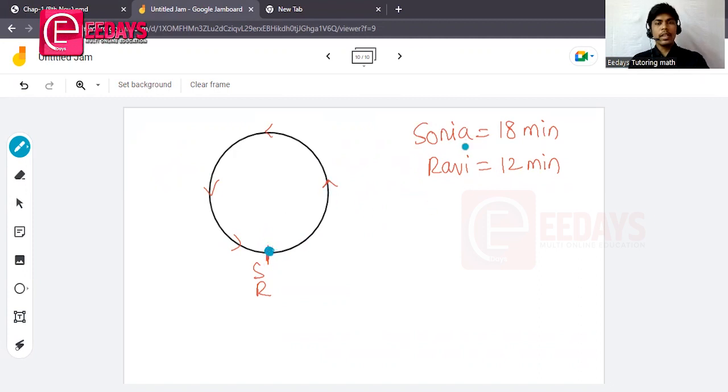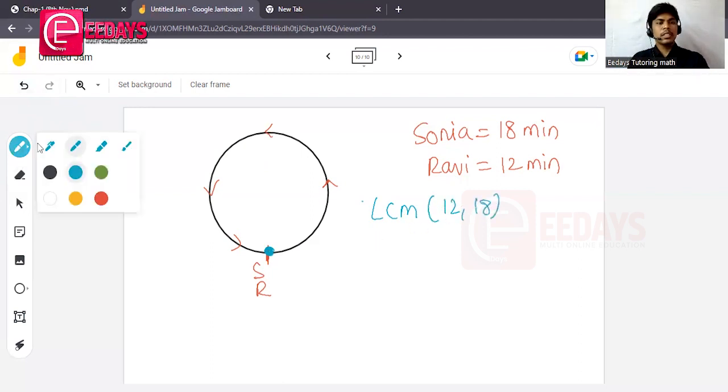Ravi takes 12 minutes, so Ravi completes the round first, and Sonia completes after that. We already know this. In that case, since they are meeting at the same point, you can take the LCM of 12 and 18.